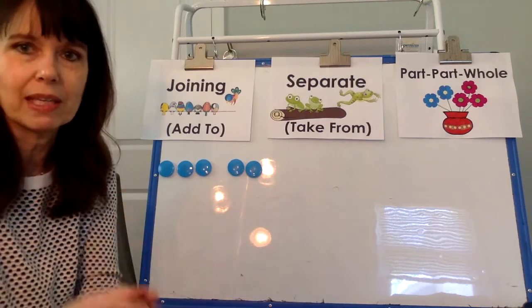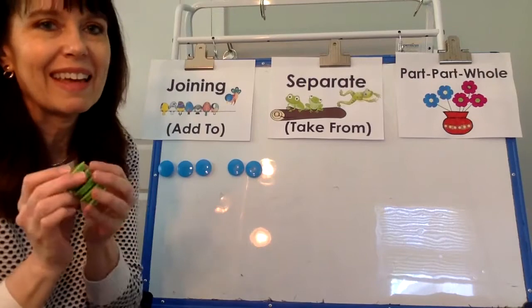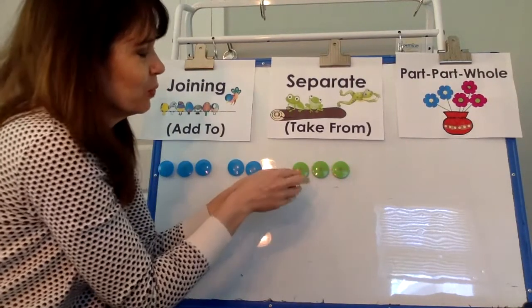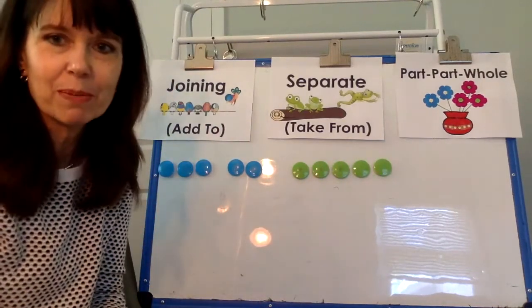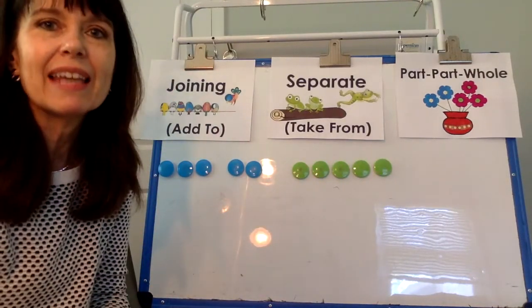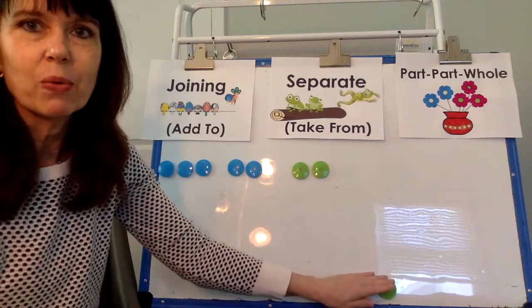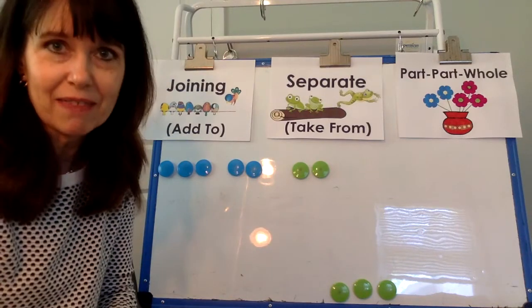Two sets came together. Now I'm going to give you a separate problem. Again, I had 5 marbles. Here they are. Whoops, that one almost jumped out of my hand. I have 5 marbles, and I gave my brother 3 of them. So 3 of them went away. And now, how many marbles do I have left?